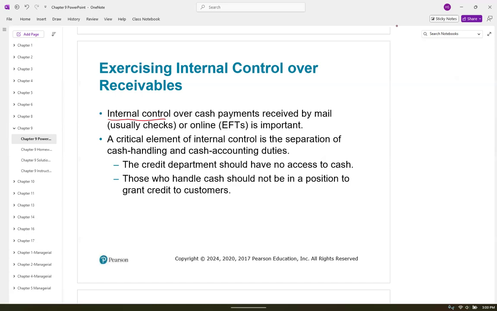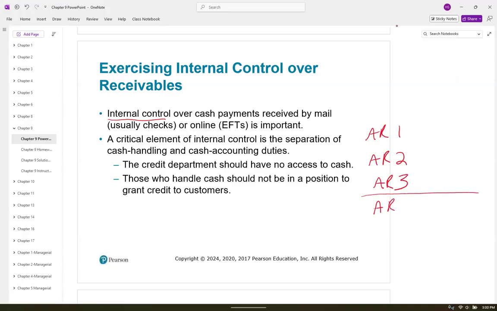Remember, small businesses usually cannot set up the most perfect of internal control systems. So you can have somebody receiving that check, and they might steal the check. Let's just say they steal the first accounts receivable, we'll call it accounts receivable one. They'll steal the money from that. The next check will come in from accounts receivable two. They may steal that one, and then maybe they'll steal the third one. And this is a system called lapping.